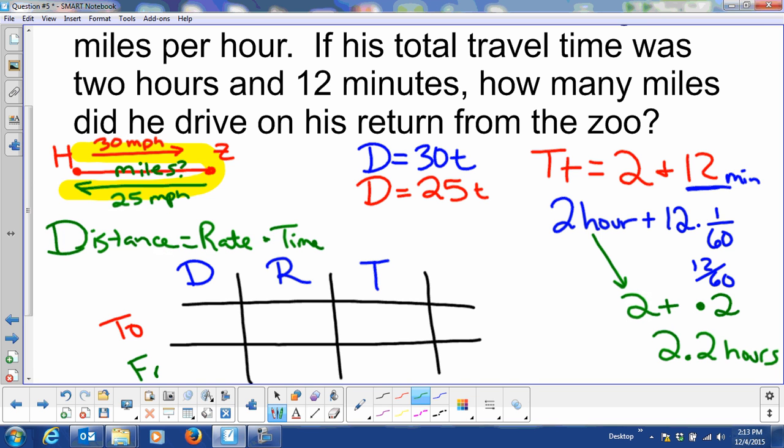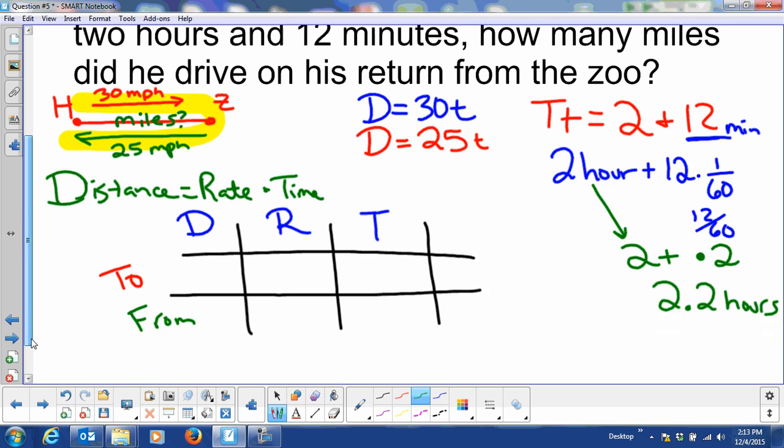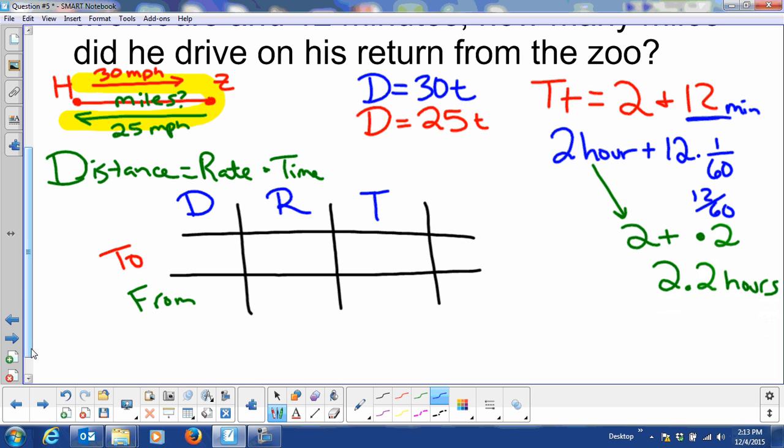And here I'm going to write about from the zoo. Well, I know that the distance that is traveled to the zoo is exactly the same as the distance from the zoo, because remember he traveled the same route. So I'm going to just leave that as a D. I know the rate on the way to the zoo was 30 miles per hour, and I know the rate on the way from the zoo was 25 miles per hour.